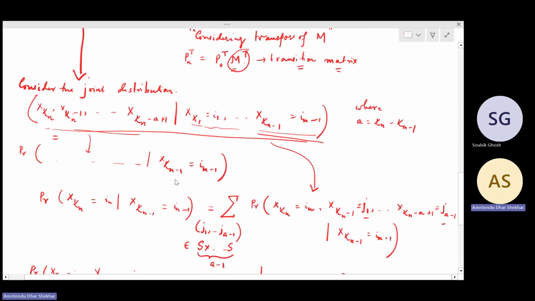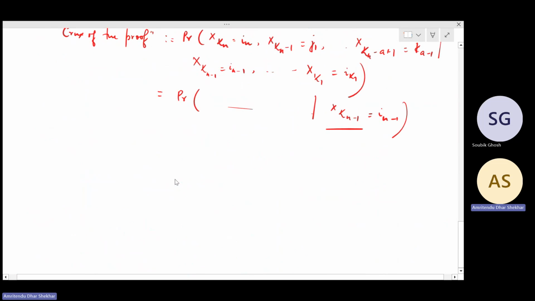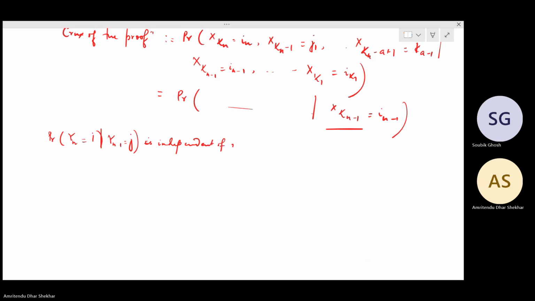Homogeneity means that the probability of y_n = i given y_{n-1} = j is independent of n. It's independent of time. Time here is n. So it has to be independent of n.